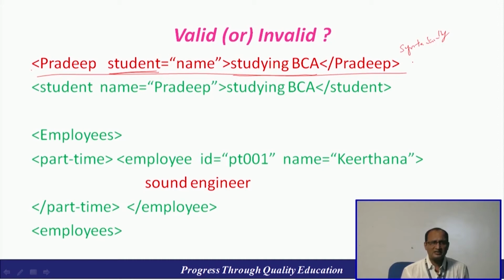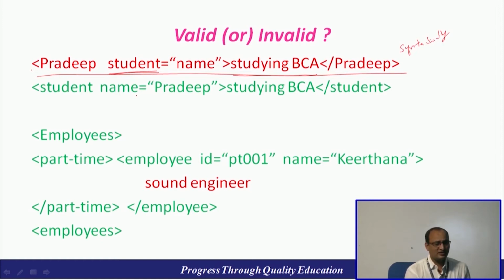What do you mean by semantics here? We have to create an XML document based on the content. Actually, the student name is Pradeep, who is studying the BCA course. This is the actual information. How can it be written?